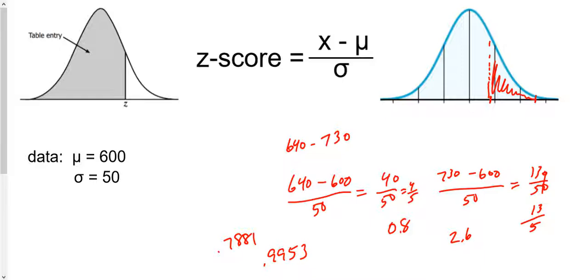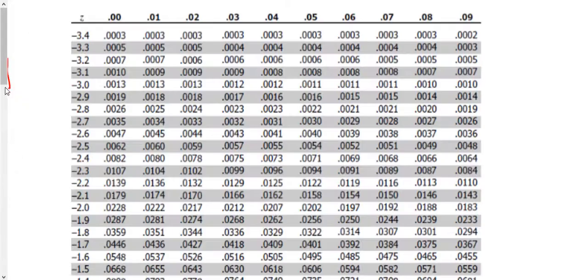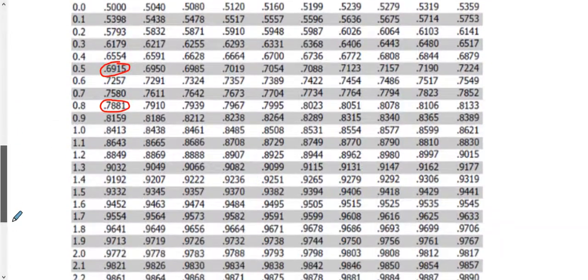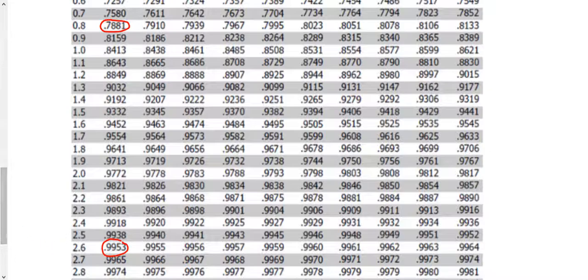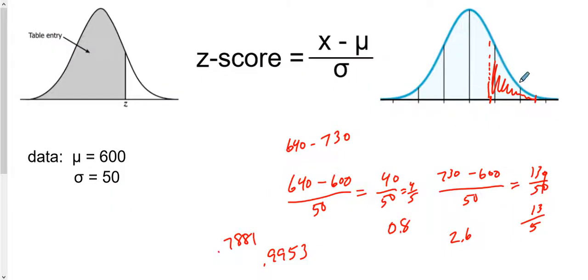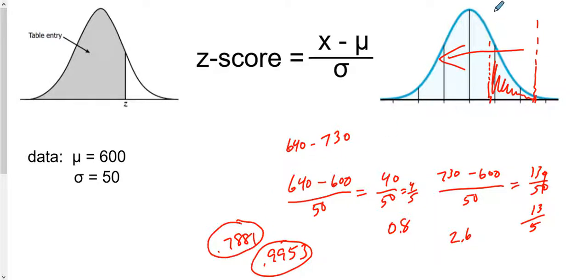Let me just double check those numbers, make sure I got the right ones. Yep, okay. So what we're saying here is that from this part over, 99.53% of the data is below that value, and 78.81% of the data is below this value.